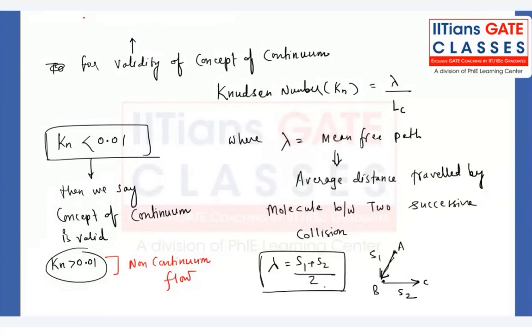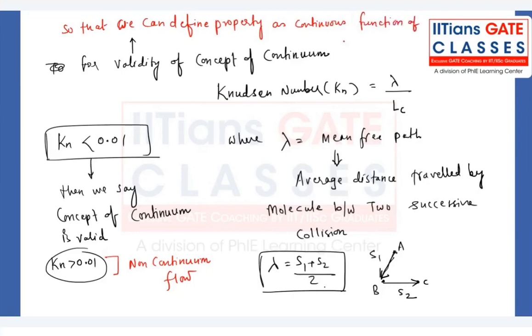What is the big reason for that? So that we can define property as a continuous function of space and time variables.